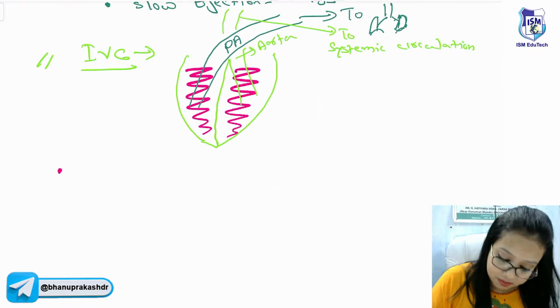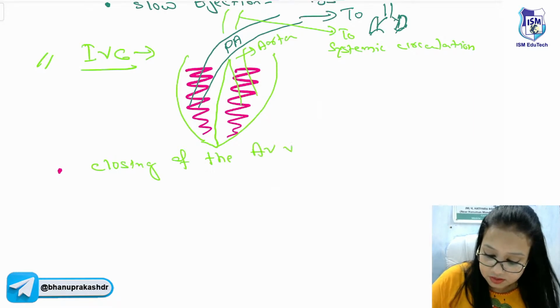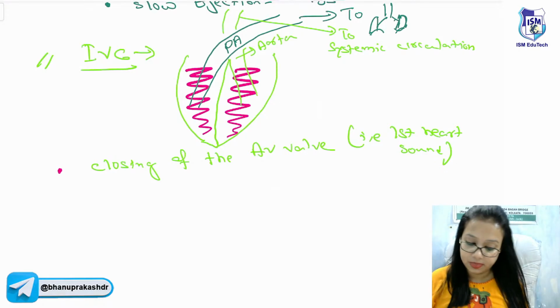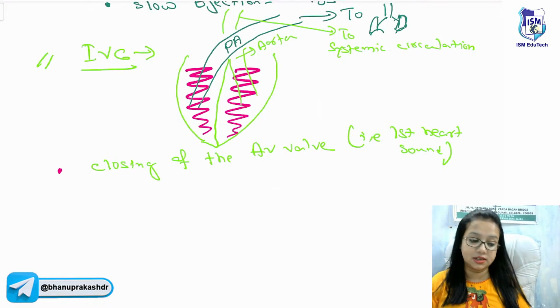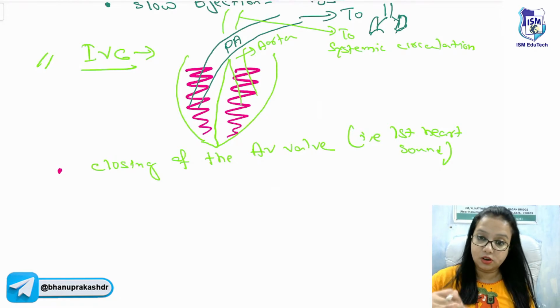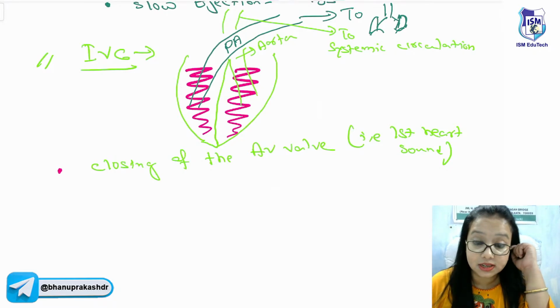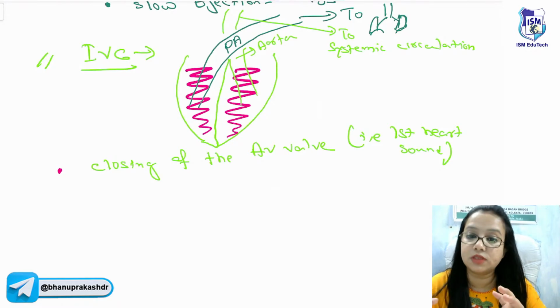First event that happens is the closing of the AV valves that gives the first heart sound. Okay. So closing of the AV valves happens. Otherwise, there will be a tendency for the blood to go from the ventricle back into the atria. That cannot happen. So there is closing of the AV valve.